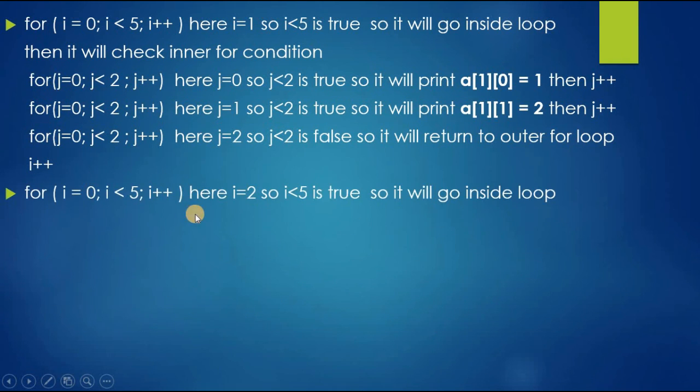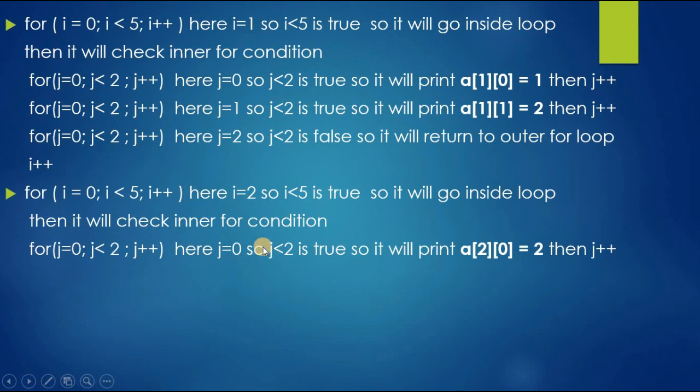Now i is equal to 2 and i less than 5 is true, so it will go inside the inner loop, and the inner loop condition will be checked there. Now our inner loop condition is true because j is less than 2, and it will print a[i][j] as 2, because at the second row and 0th column we got the value 2.